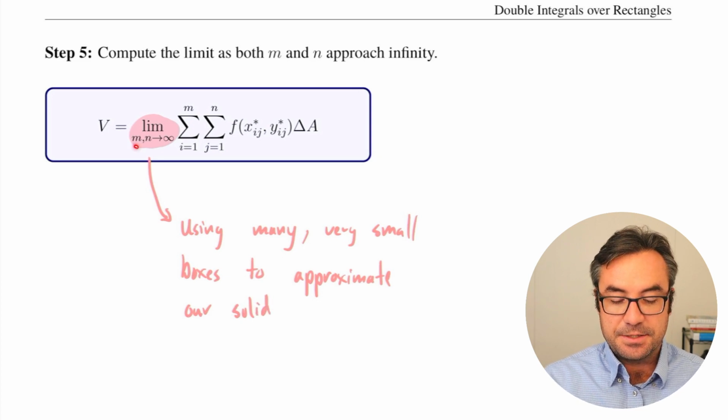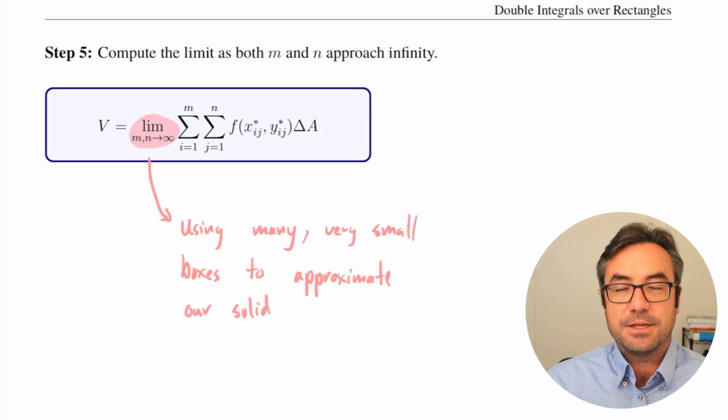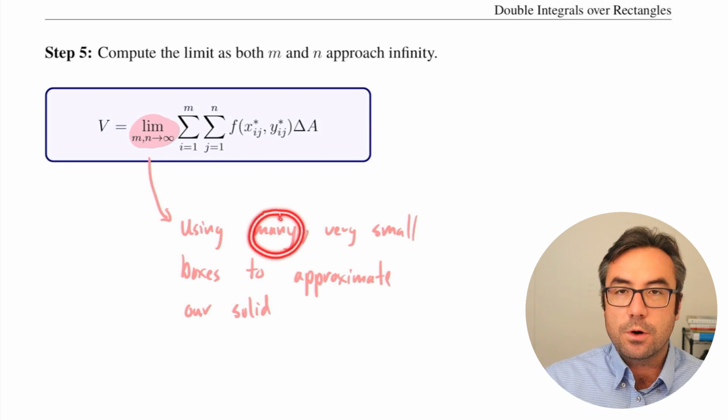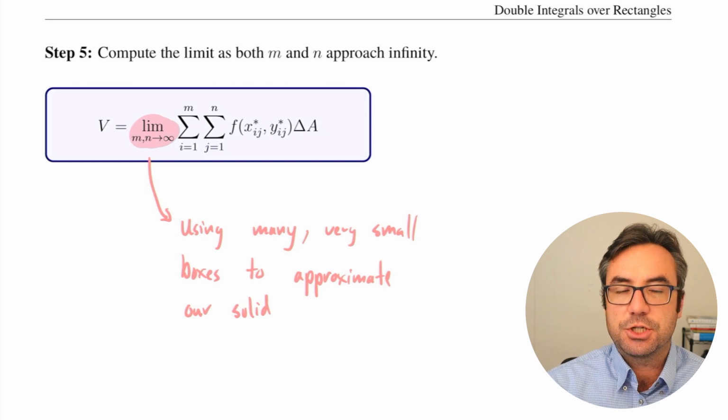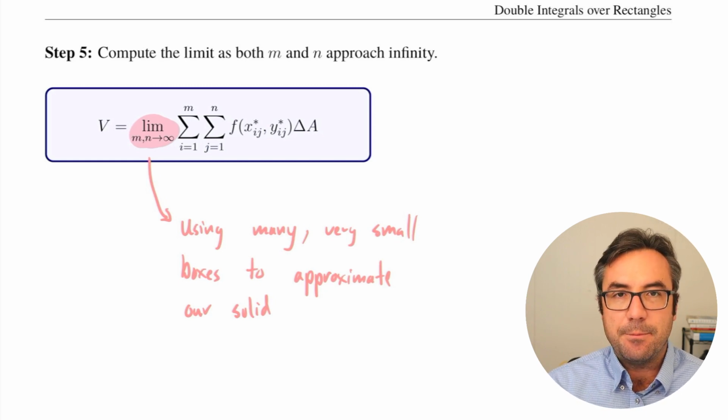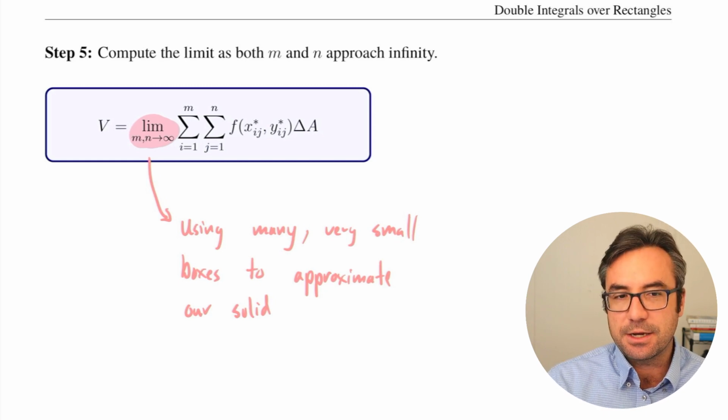And the idea is as we do that limit, we're going to use more and more rectangular boxes, and they're going to get much, much smaller. And we get a better approximation for what our region actually looks like.